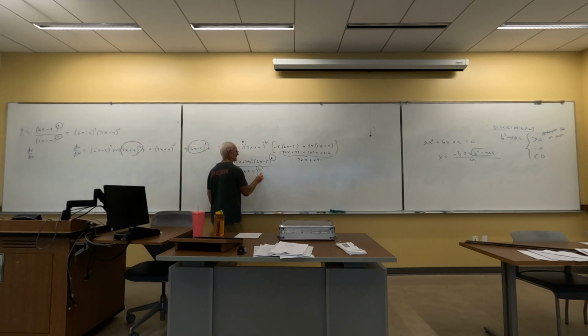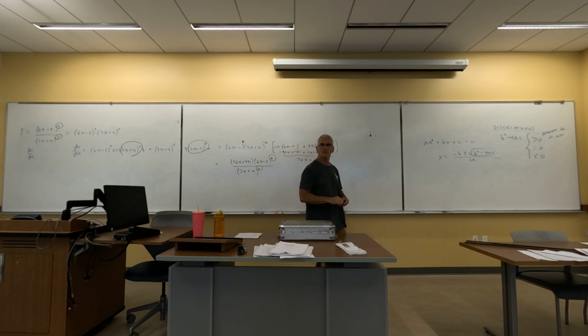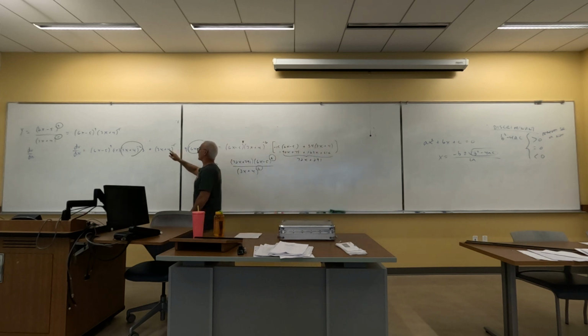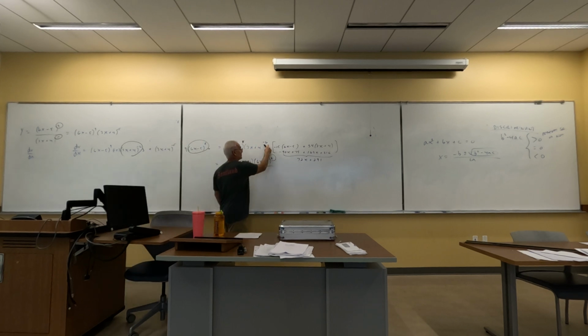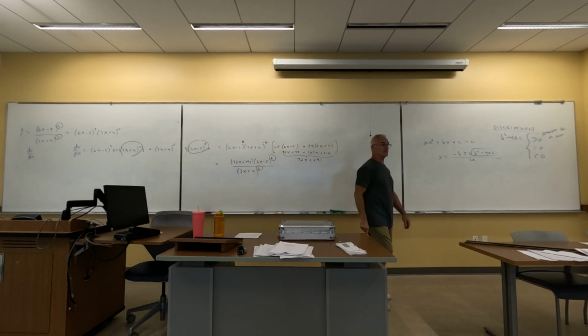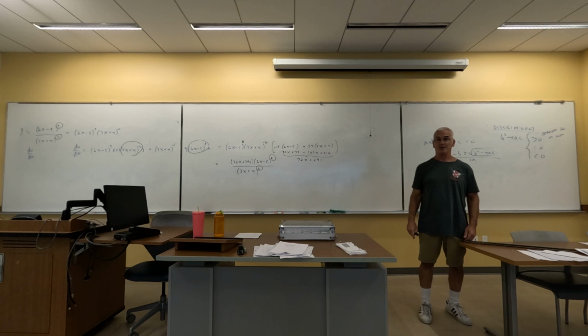Did we just violate that rule? No. Because when I rewrote it as a product, both of these did decrease by 1, didn't they? But I had to put it back downstairs when I was all done. I want to make sure you guys see that.